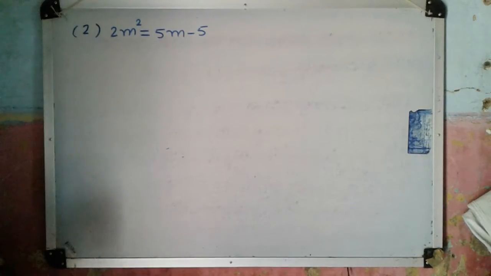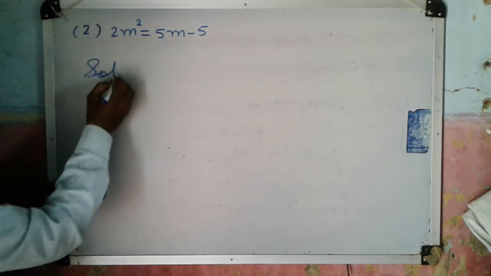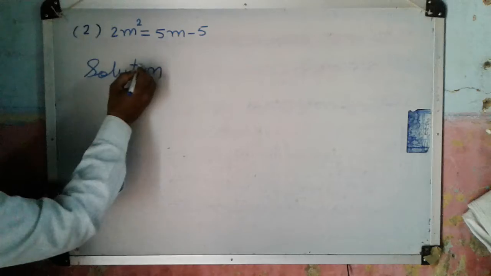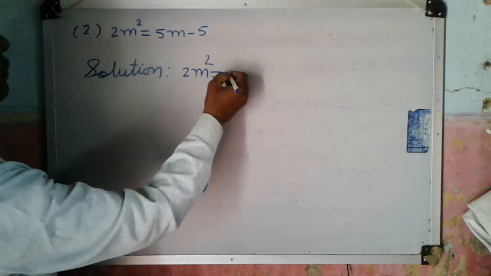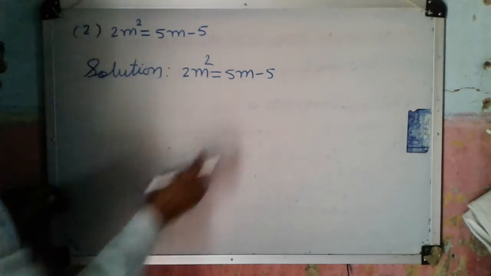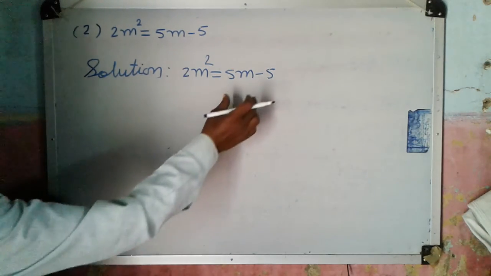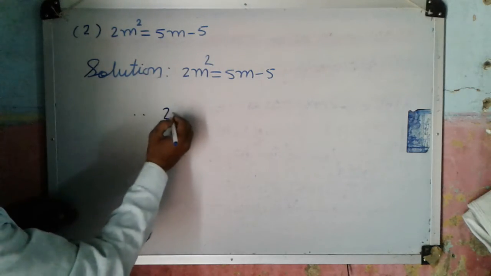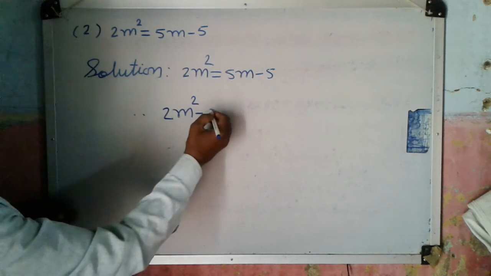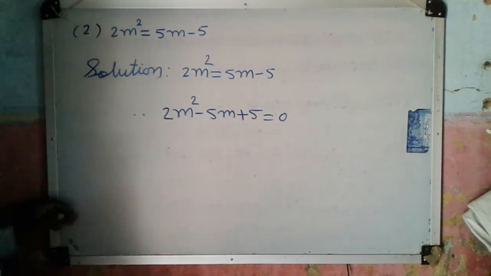Now second example, 2m square is equal to 5m minus 5. First we will write this equation in standard form. That's why we will take all the terms to the left hand side. And therefore here we get 2m square minus 5m plus 5 is equal to 0.